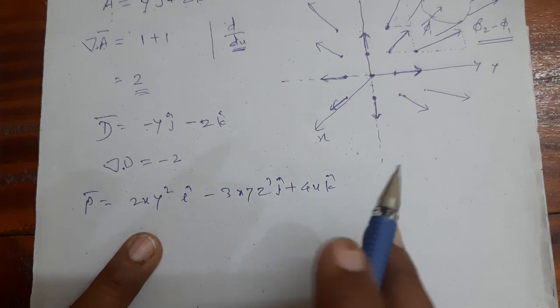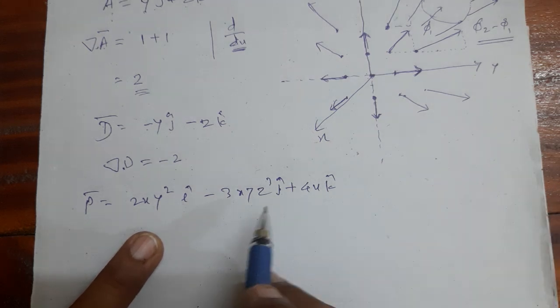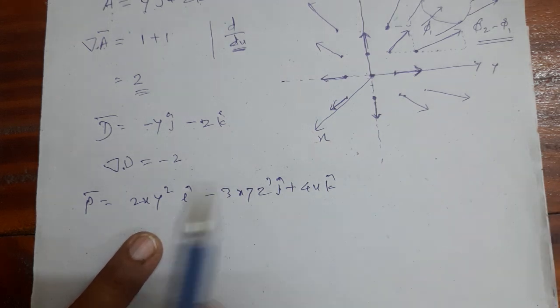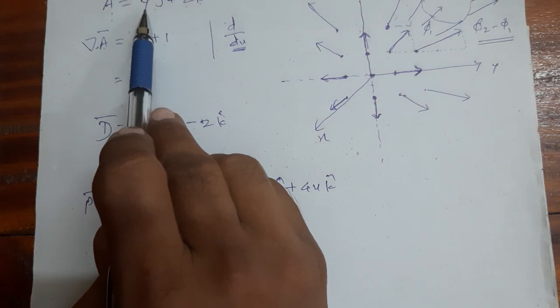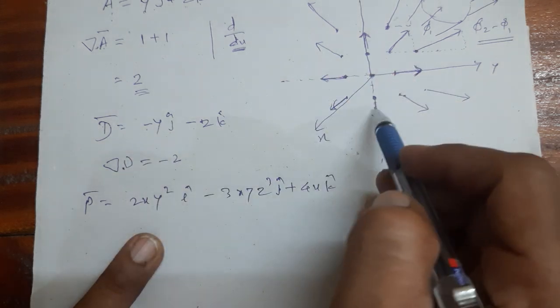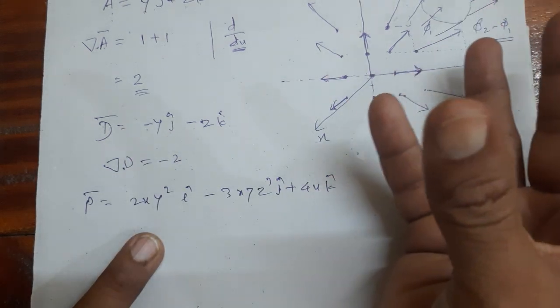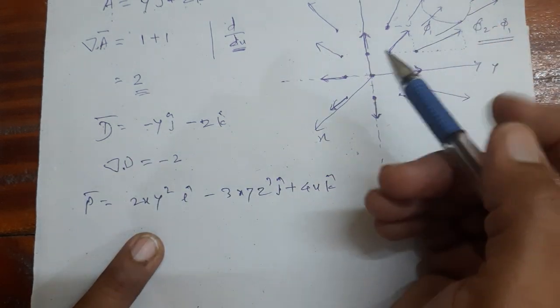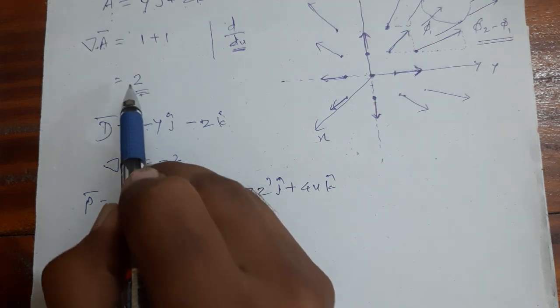It is not difficult, but it will be complicated. To understand the meaning of divergence, we have considered a very simple function, that is y j cap and z k cap, and here we observed that the function is moving away from some point, that means it is diverging, and therefore it is plus.